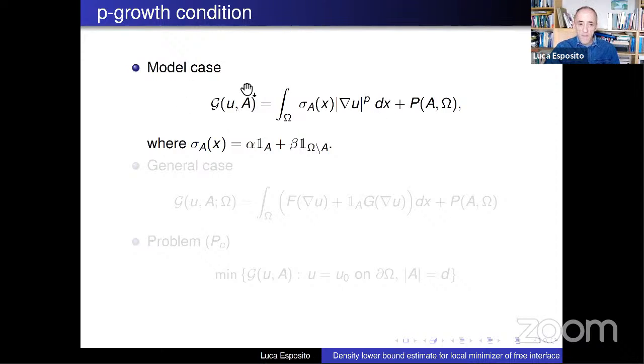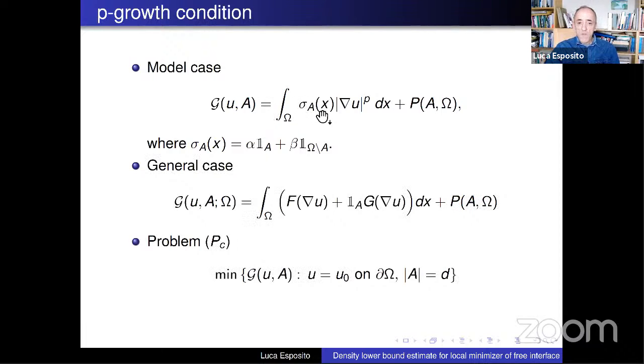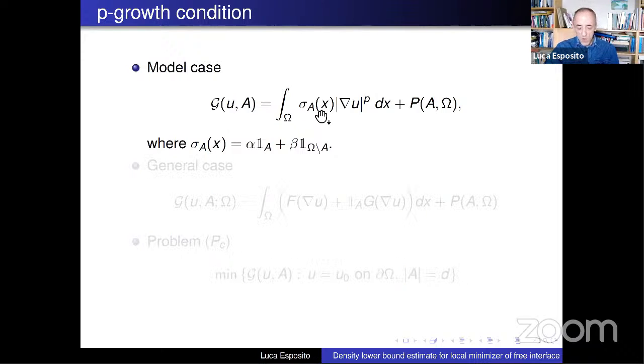So the model case is the integral of the p power of the gradient. This is almost the same. The only difference for the model case is that you have a p here.